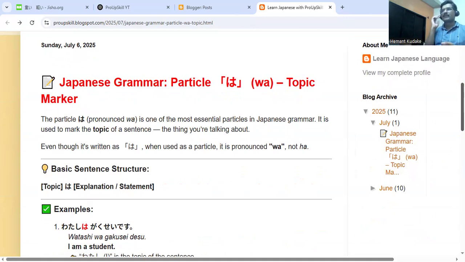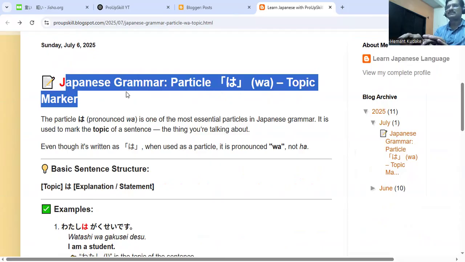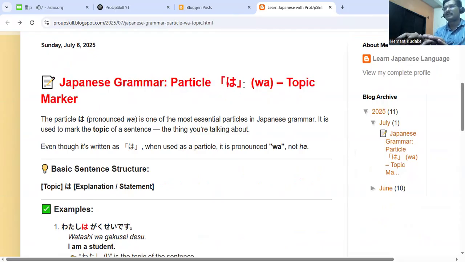Okay. So as discussed, today we'll discuss the Japanese particle wa. Even though it is written as ha, it is read as wa. First of all, what is the use of the particle wa? As I have updated in the notes here, particle ha is pronounced as wa, which is the most essential particle.